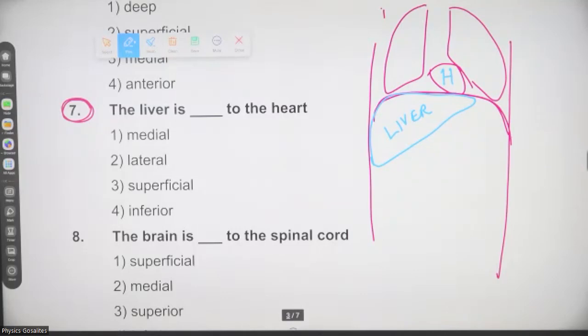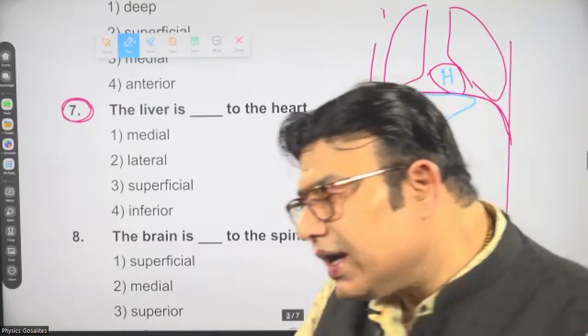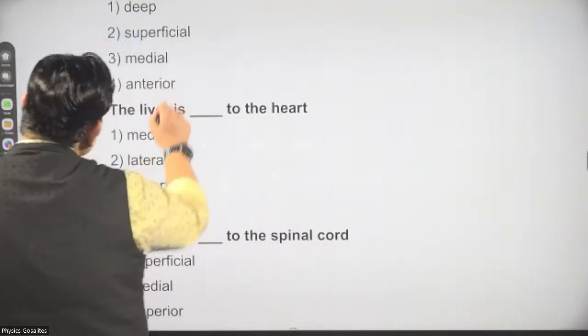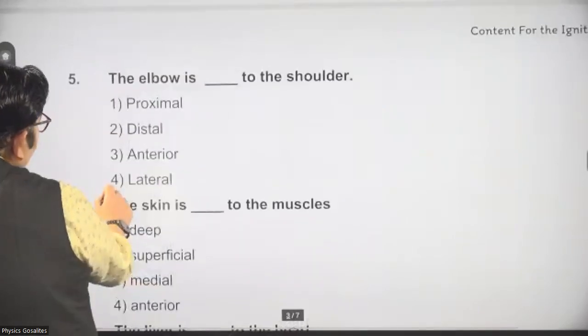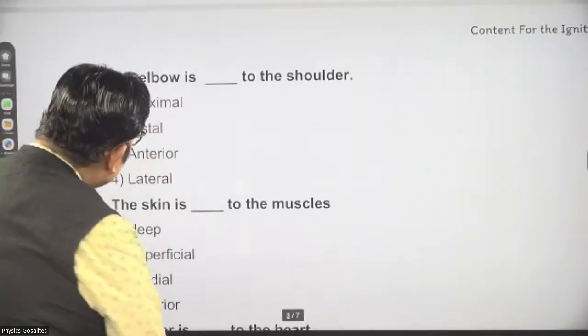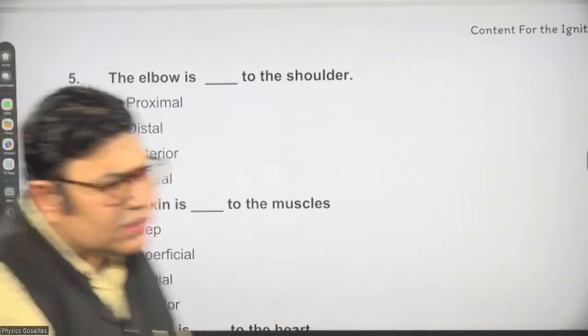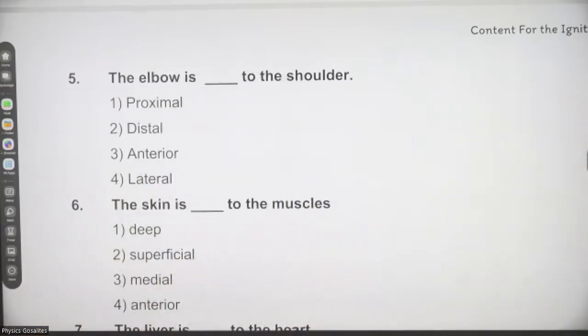You are right. Who said the elbow is? The elbow is dash to the shoulder.